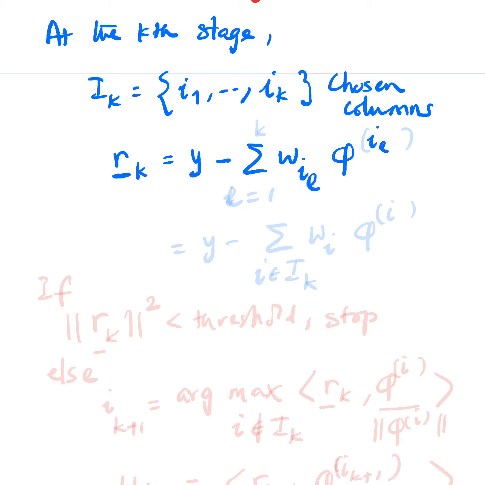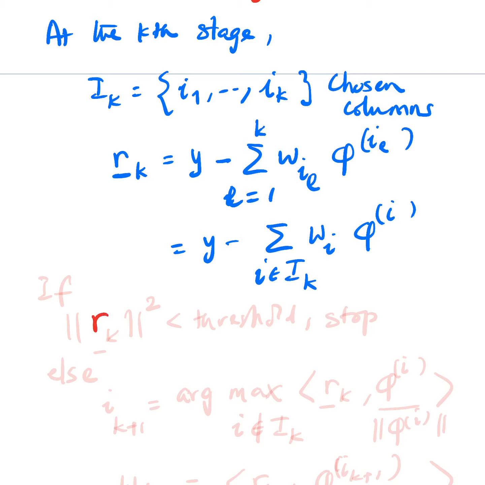So basically the columns I have chosen already, with l equals 1 through k, or I could also write it more generally as the sum of W I phi I for I in that set I sub k, right? So that's my current residual.